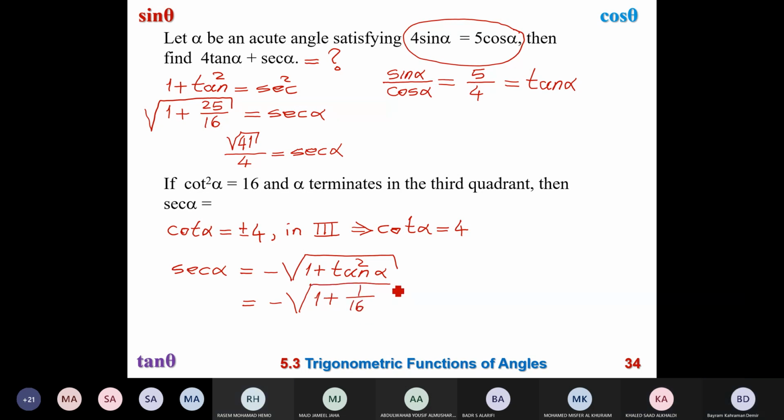Perfect. Which is 17 over 16. So negative root 17 over 4. Yes, this is the sec of alpha.